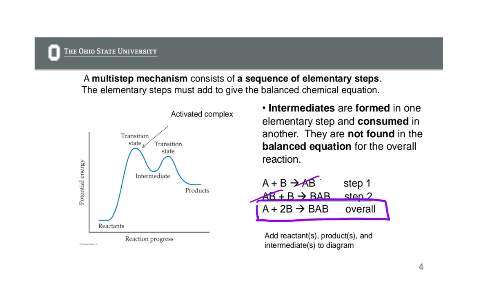But we're going to also add an intermediate, and that's the thing that we canceled out. So our reactants are going to be A plus 2B. And our product is going to be BAB. Notice I didn't include AB as the reactant. That is an intermediate. It's created in step one and used up in step two.